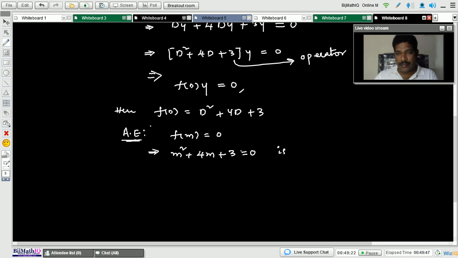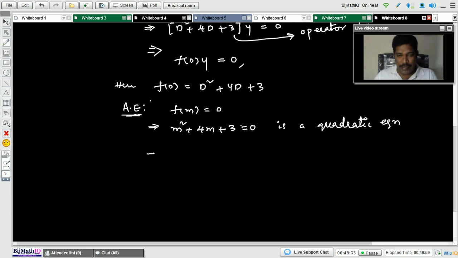This is a quadratic equation. So what are the roots? If you solve by using the quadratic method, you will get the roots m equals to -1, -3. So how many roots are we getting here? Two roots. The two roots are real numbers, and both are distinct.